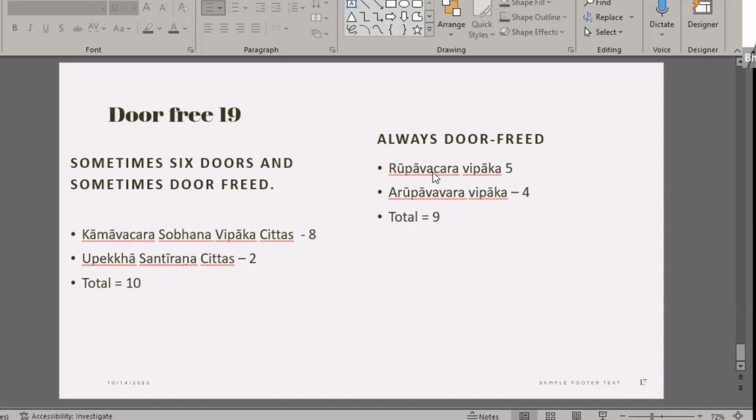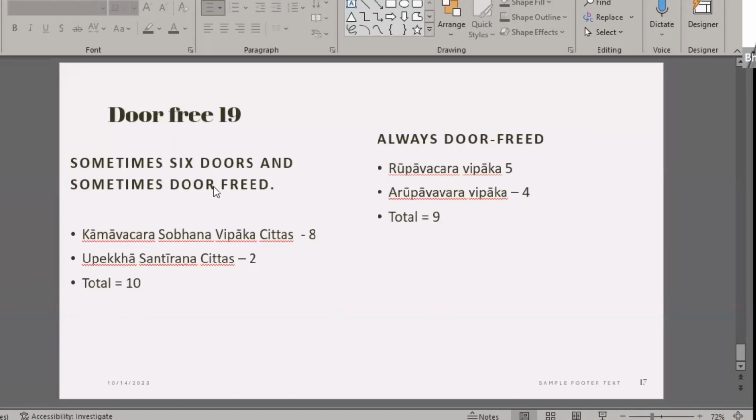Because these Rupavachara 5 Vipaka and Arupavachara 4 Vipaka cittas perform only Patisandhi, Bhavanga and Chuti. They do not perform Santirana or Tadarammana function. They always arise as either Patisandhi or Bhavanga or Chuti. Therefore, we call these 9 cittas always door-free, Ekanta Dvara Vimutta Citta in Pali.